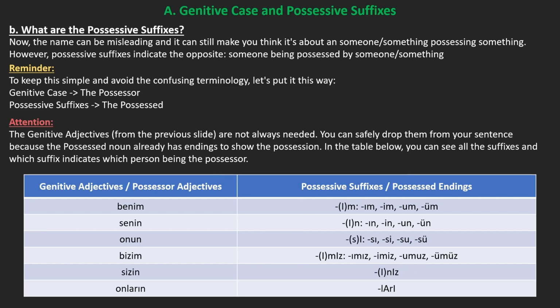So it goes like ınız, iniz, unuz, ünüz. And the last one, the first one is an L, the second one is an I. So like ları, leri. Just a small exception: it is two-way.